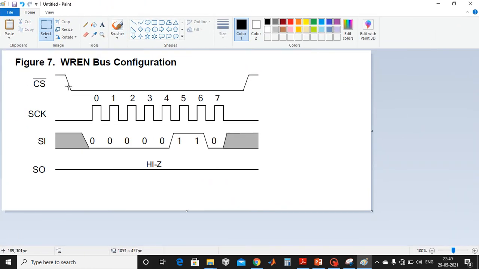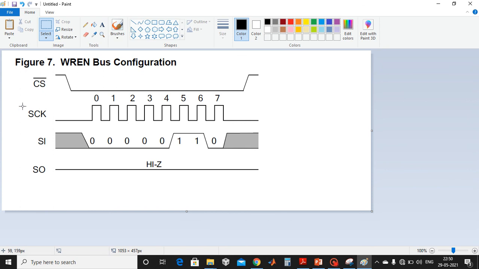So this is the CS pin. As I have told you, a high to low transition is required on this pin in order to communicate with any device which is supporting SPI protocol. Now this is the SPI clock. You can see that in the rest condition, when there is no communication, the SPI clock is at 0 level, that means at low level.